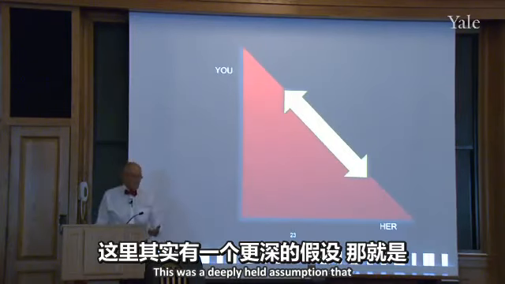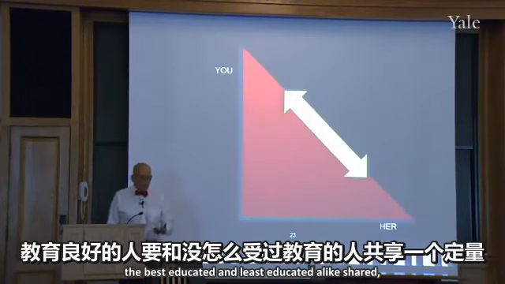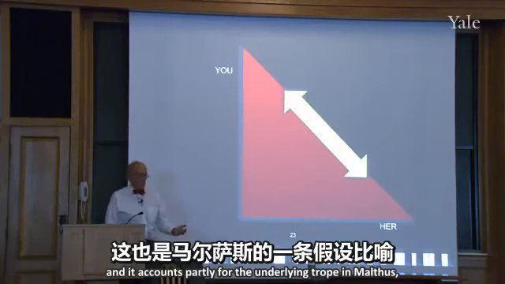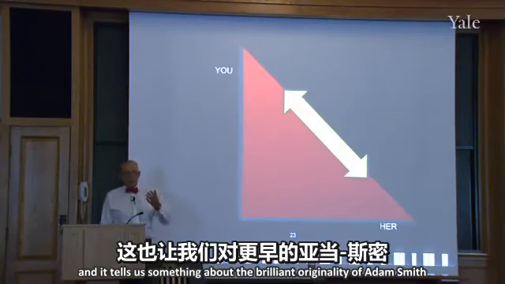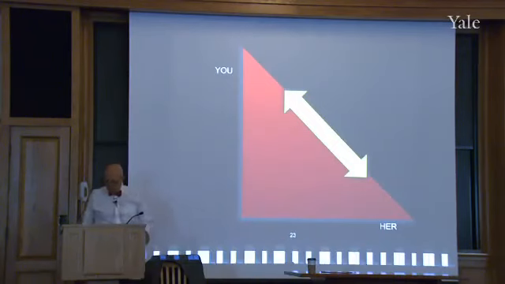And this was a deeply held assumption that the best educated and least educated alike shared. And it accounts partly for the underlying trope in Malthus, and it tells us something about the brilliant originality of Adam Smith and his contemporaries in the Scottish Enlightenment when they said not so.